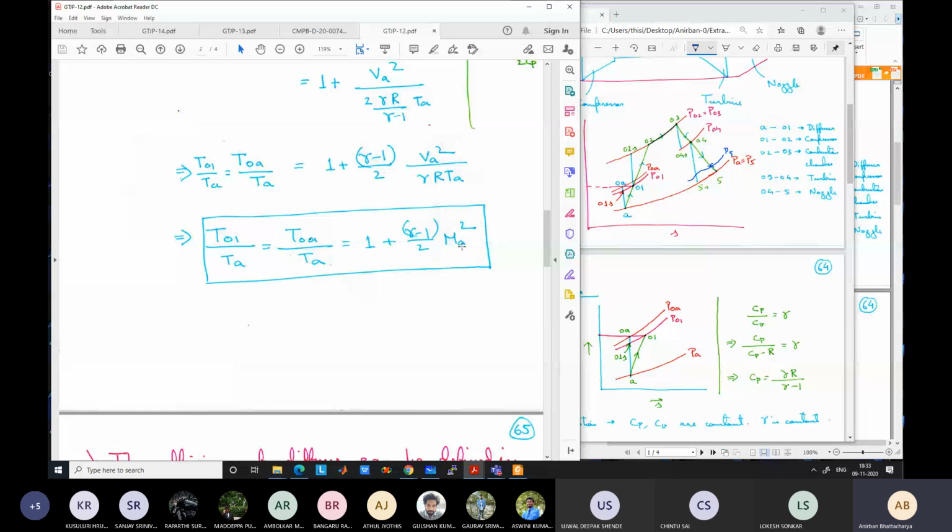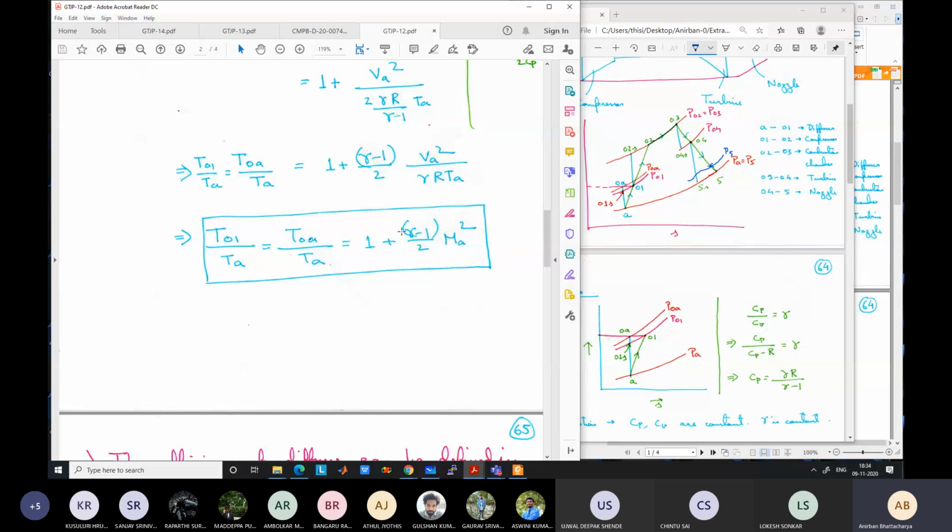So if the nozzle is in choked condition, what is the Mach number at the exit of the nozzle? 1. So then what is the ratio between the stagnation and static temperature? Gamma plus 1 by 2.